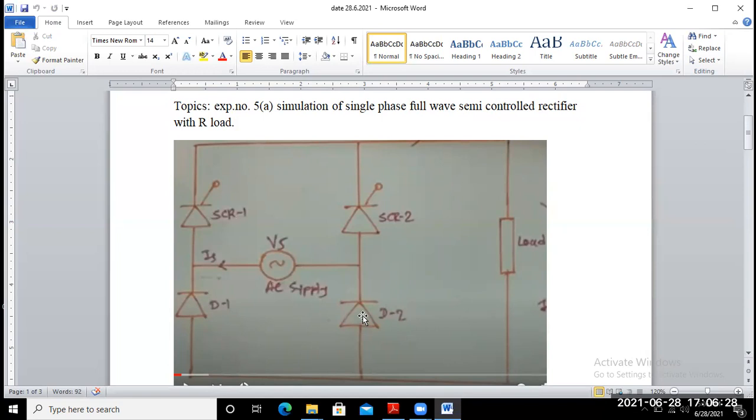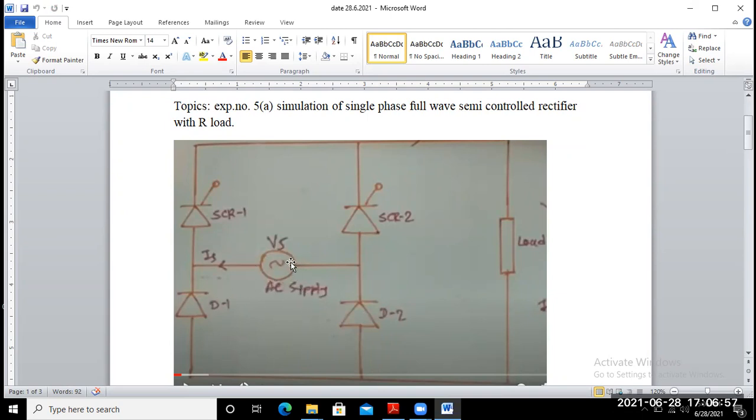Okay, so for the conduction of SCR, both are necessary: forward bias as well as gate pulse provided to the thyristor. But in a diode, only if it is in forward bias, then it will start to conduct. Okay, so if you consider the positive half cycle, can you identify which device is in forward bias?